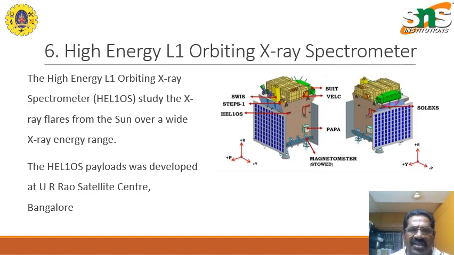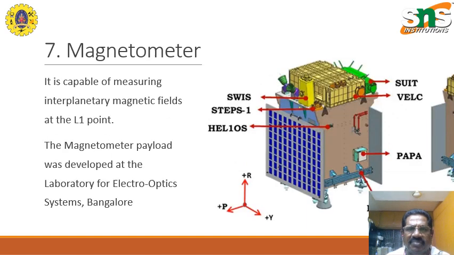The High Energy L1 Orbiting X-ray Spectrometer, or HEL1OS, like Helios, you don't pronounce it that way. It studies the X-ray flares from the sun over a wide X-ray energy range. It was developed again at the U R Satellite Centre, Bangalore.